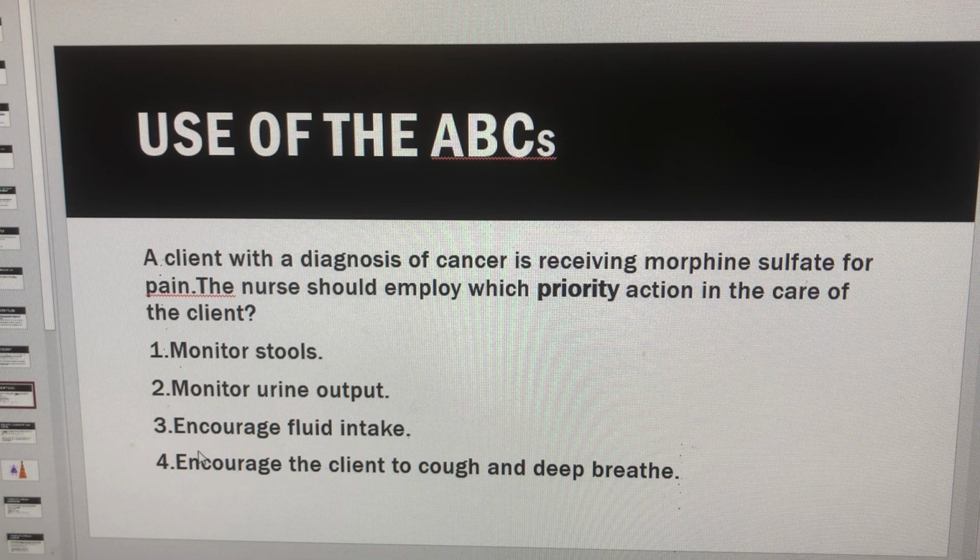Although options 1, 2, and 3 are components of the plan of care, the correct option addresses airway and breathing, and that is number 4. Remember to use the ABCs, airway, breathing, circulation, to prioritize. So the answer is number 4.